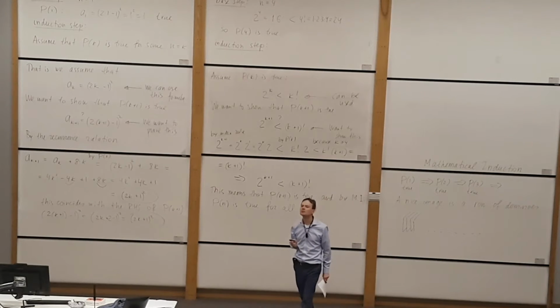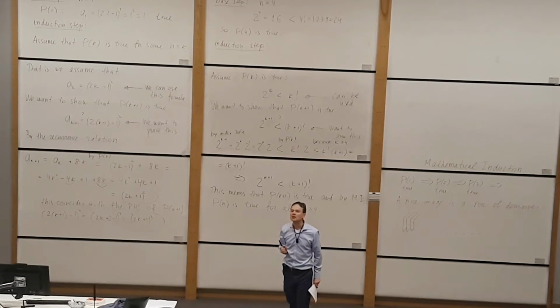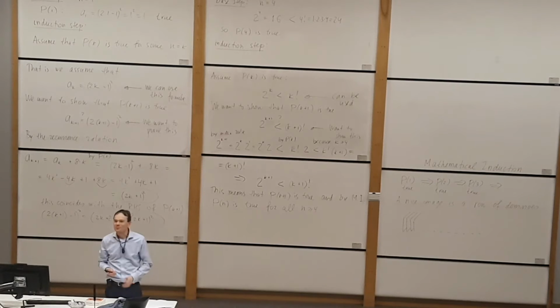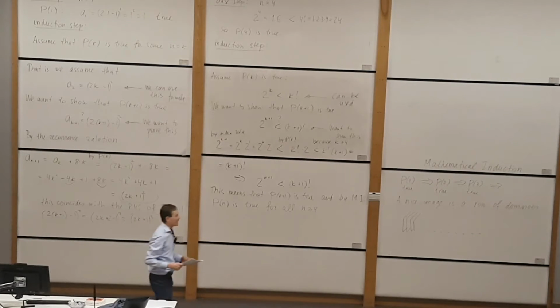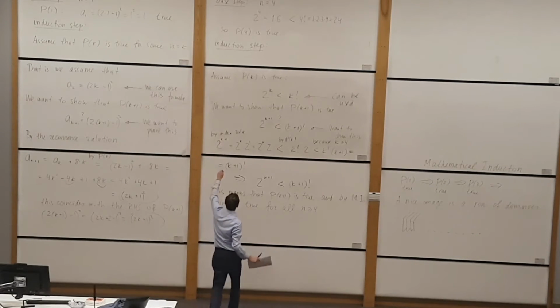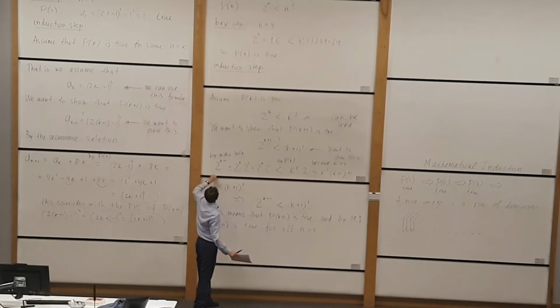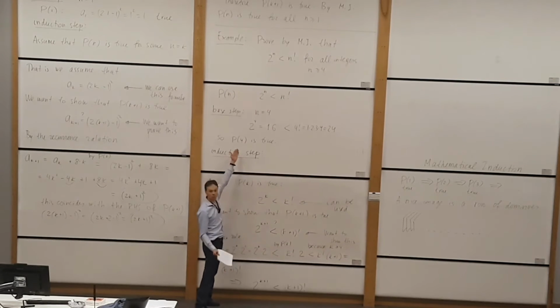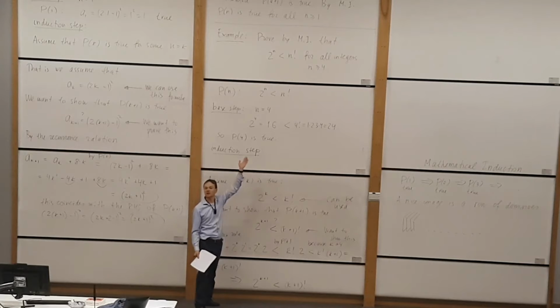Why do you not treat k as true? Well, it's always true. And we checked explicitly that P of 4 is true. So for some case, we definitely know that it is true. But because we don't specify the value of k here, it can be anything.